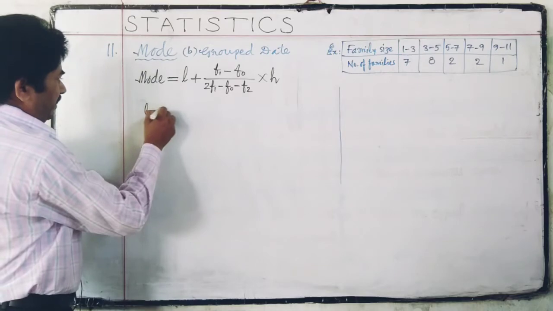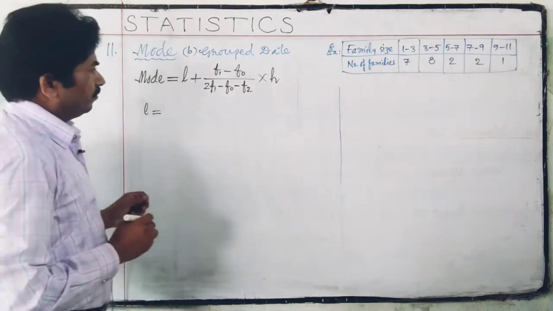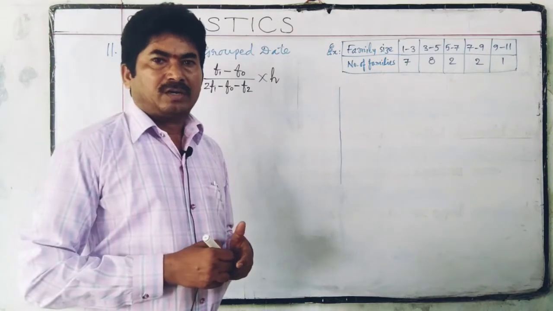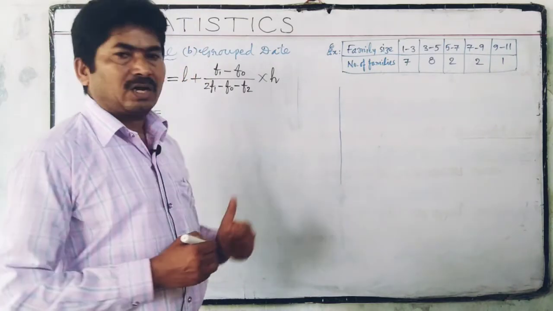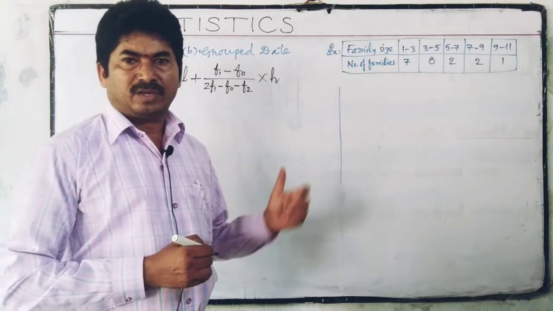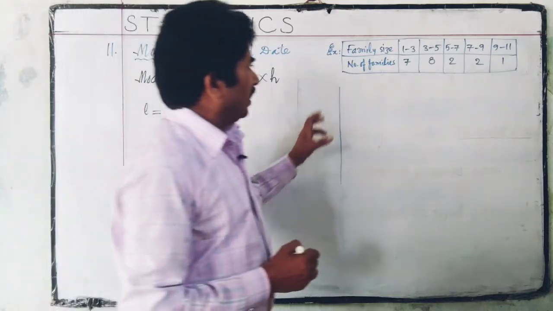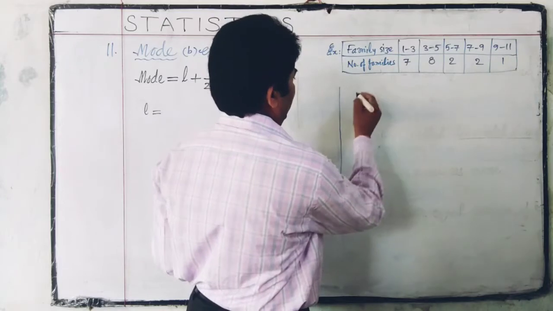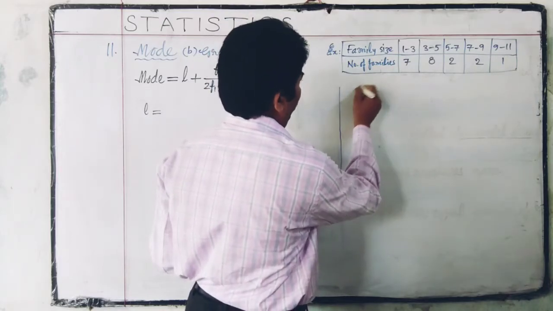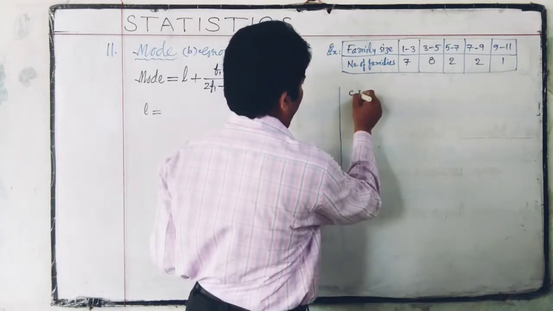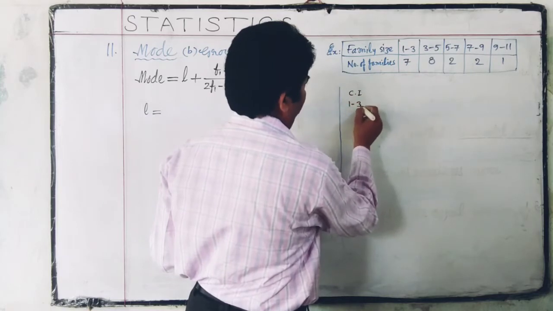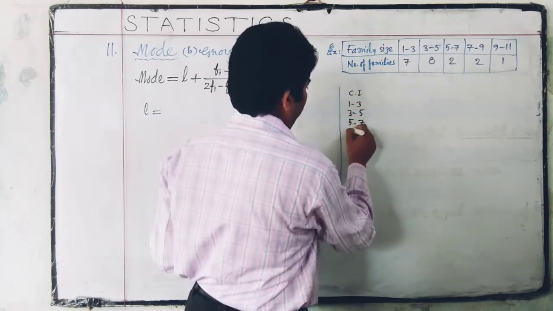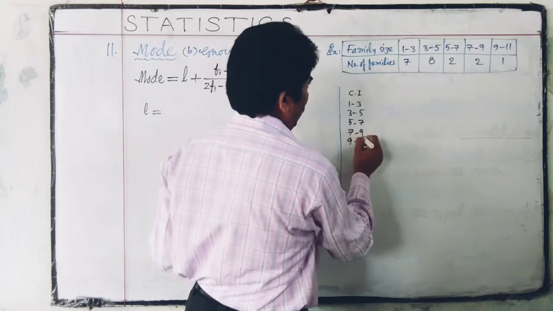L is the lower boundary of the modal class. Where is the lower boundary? Where is the modal class? Let us draw this column wise, then we can understand easily. Class intervals 1 to 3, 3 to 5, 5 to 7, 7 to 9, 9 to 11.